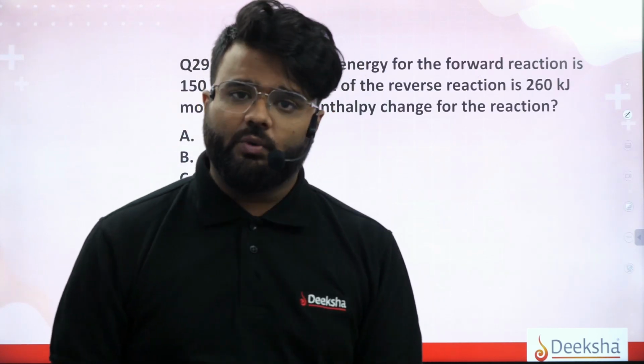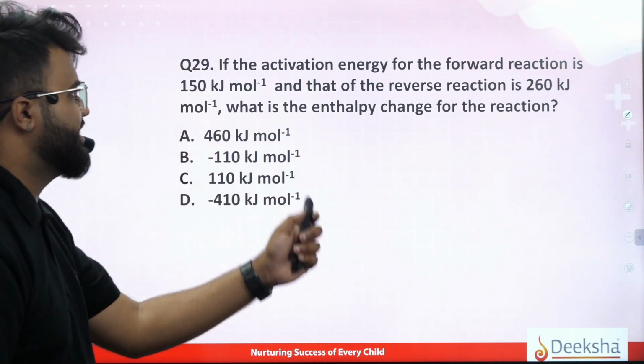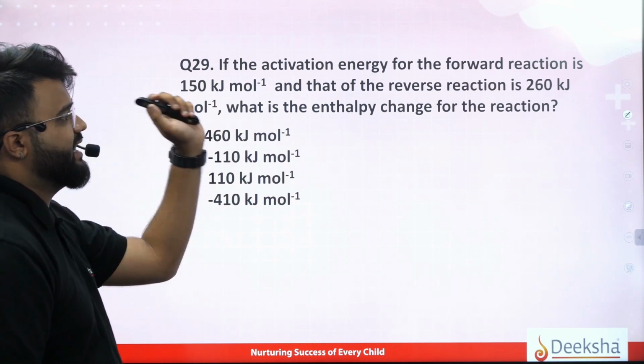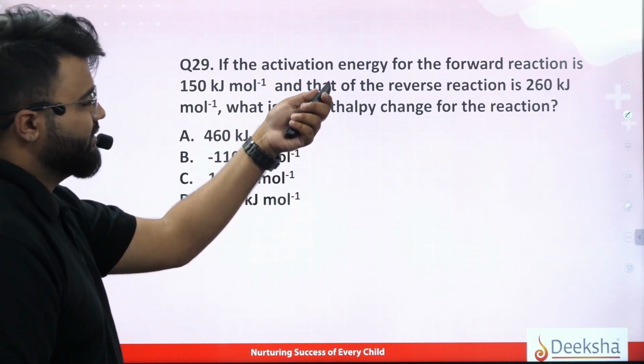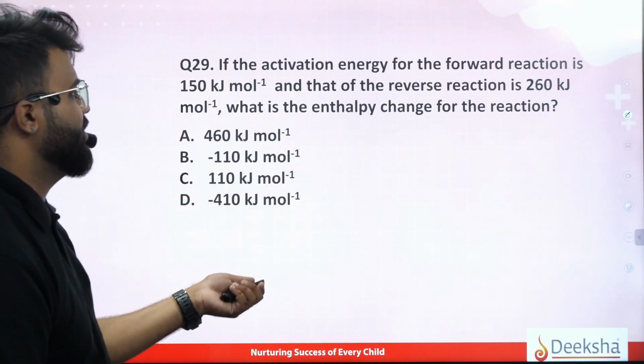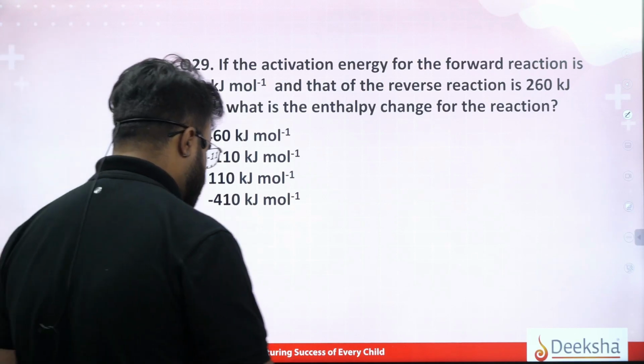Coming back to question number 29. If the activation energy for the forward reaction is 150 kilojoules per mole, then the reverse reaction is 260 kilojoules per mole. What is the enthalpy change in the reaction?